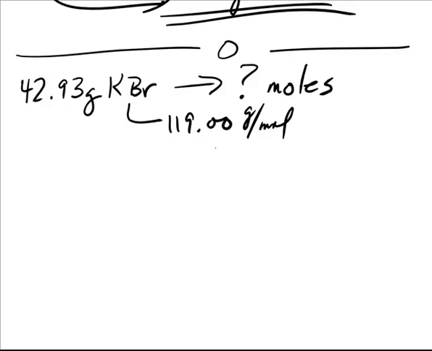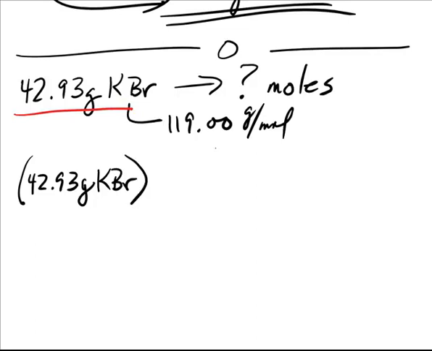Remember, the first thing you want to do is deal with what you were given. So this time, I am given 42.93 grams of KBr. And our task is going from grams, the unit on the left, to moles, the unit on the right. So I need to make the unit of grams of KBr somehow cancel out.